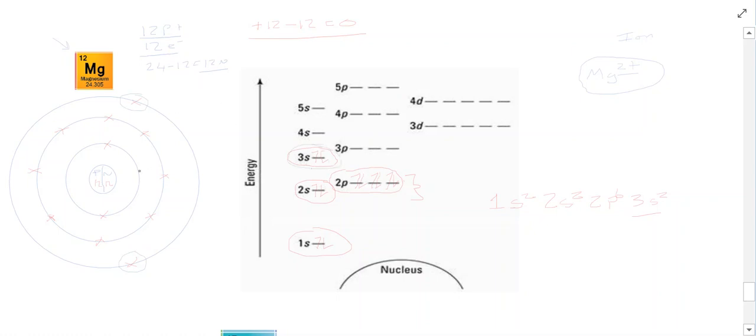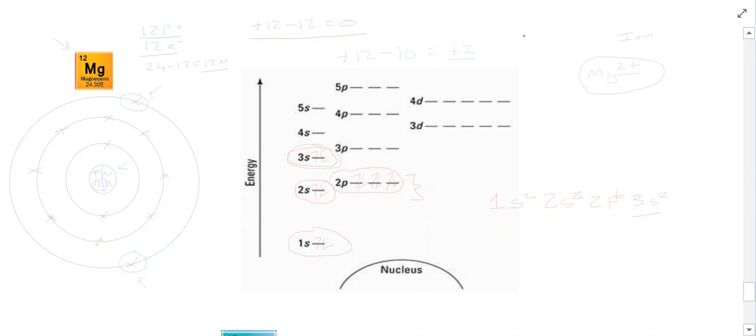When you lose them, you're going to have plus 12, the 12 positive charges coming from the 12 protons in the nucleus, minus, instead of 12 electrons, 10 electrons, and that's going to be equal to plus 2. And that's where the plus 2 charge comes from.